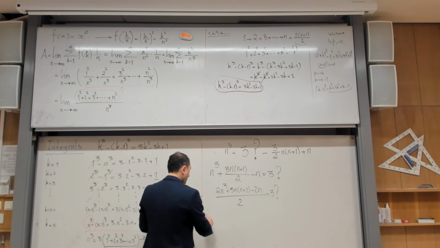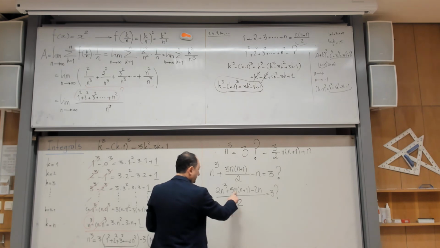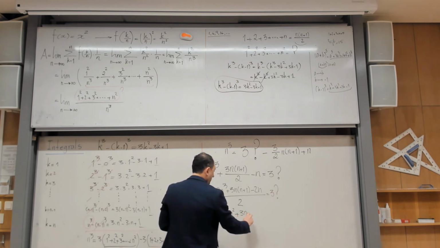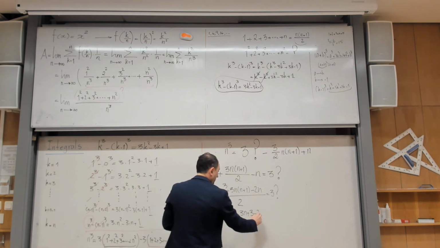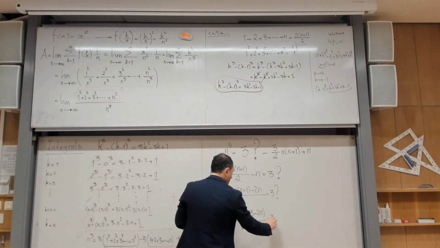I can factor it out. 2n squared. I factor an n out, 3 and n plus 1 is left. I multiply in. So it becomes 3n plus 3. I have minus 2n here. And then I have divided by 2 is equal to 3 times question mark.